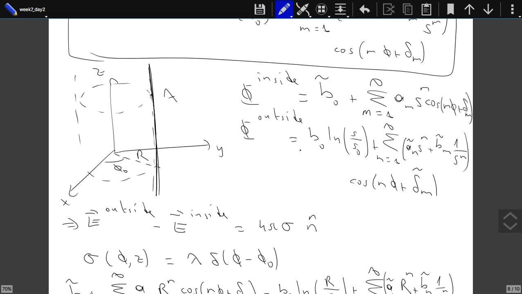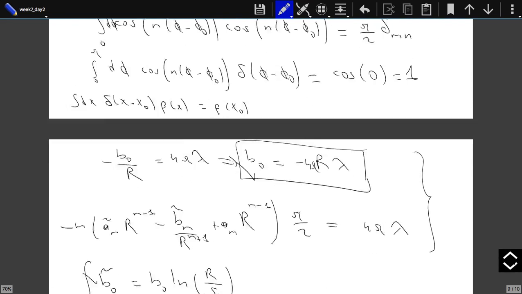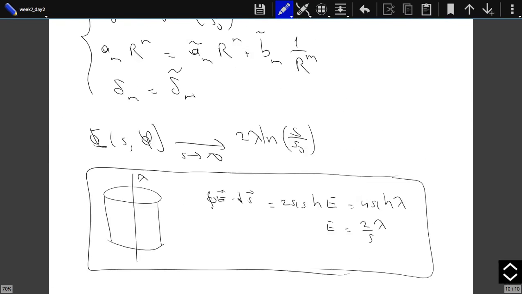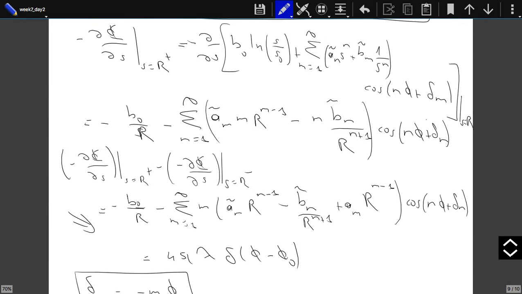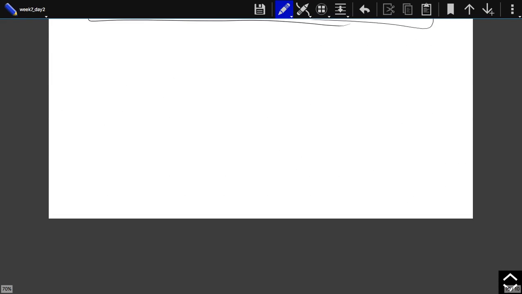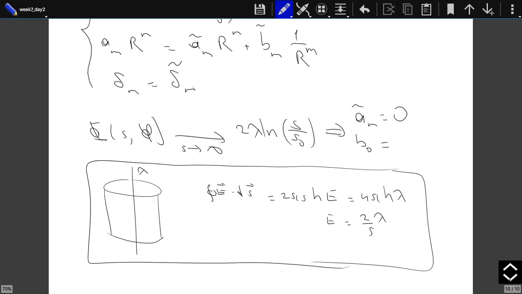The a terms diverge, but they shouldn't be there. So a is 0. So this condition tells me that a m tilde is equal to 0. Furthermore, b0 should be equal to 2 lambda.